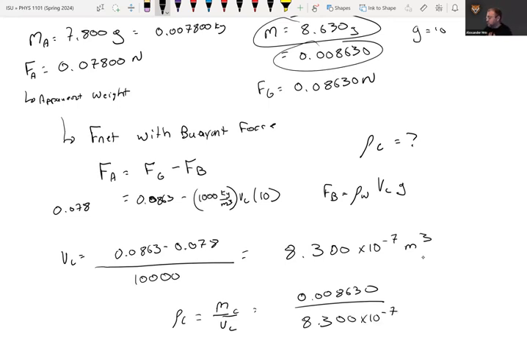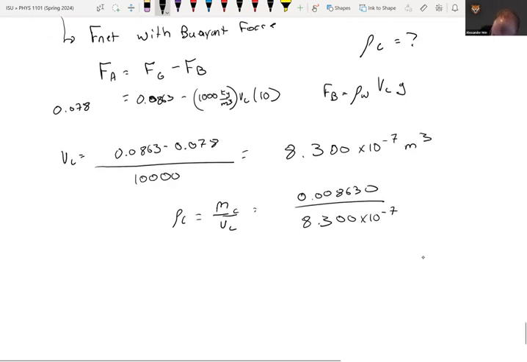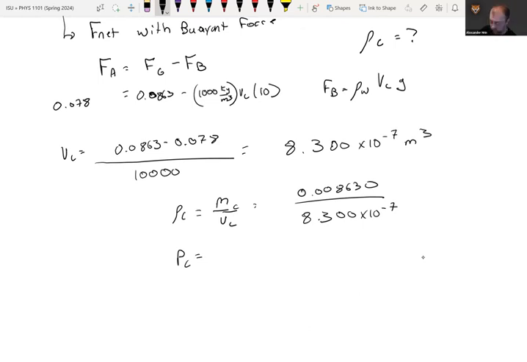Okay, I will do that and put this in now. 0.0863 divided by that. And when we do this, what we end up with is the density of the coin equal to 10,400 kilograms per meter cubed.